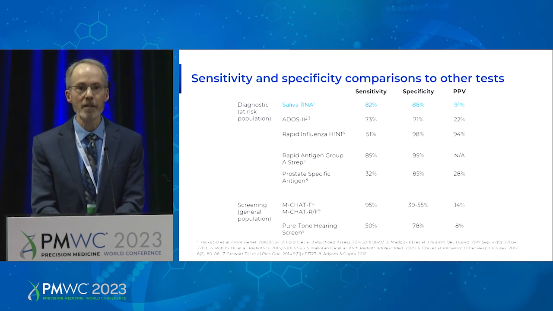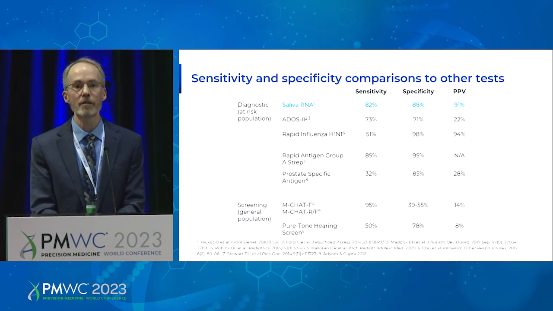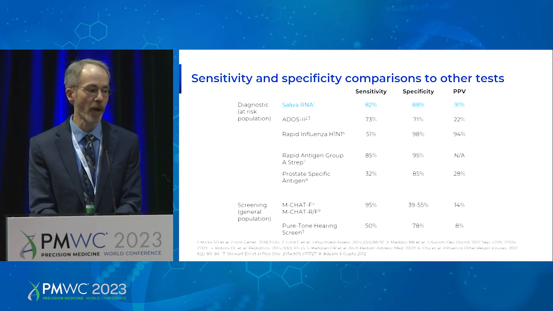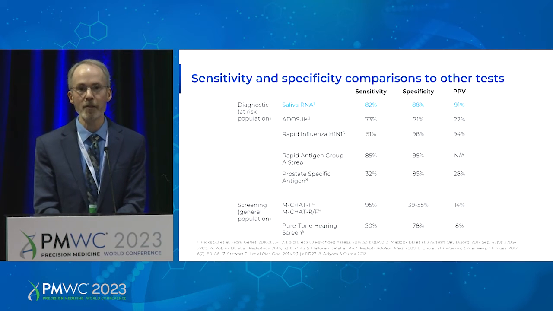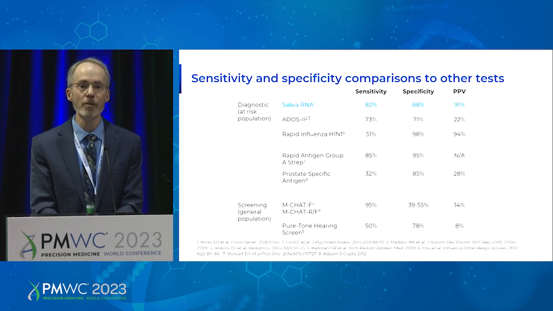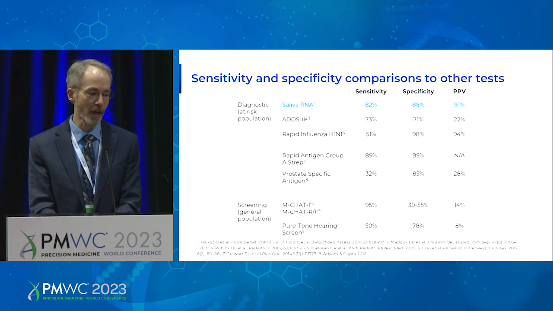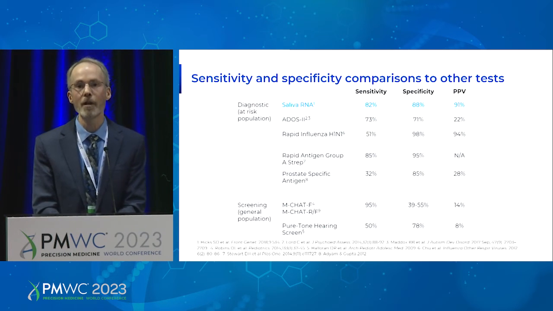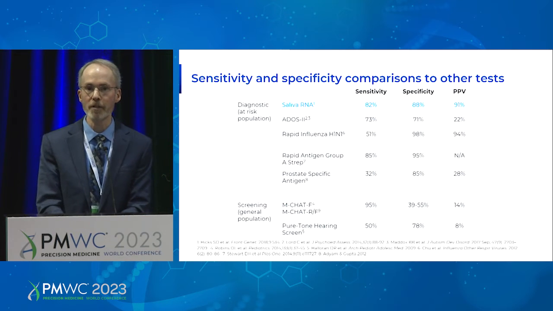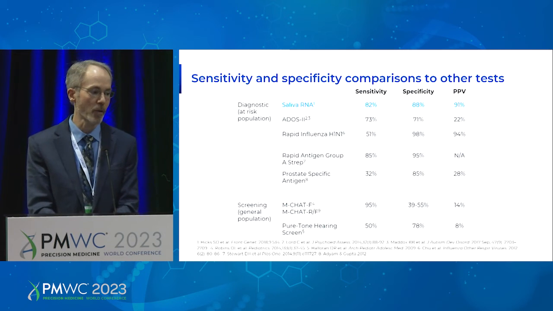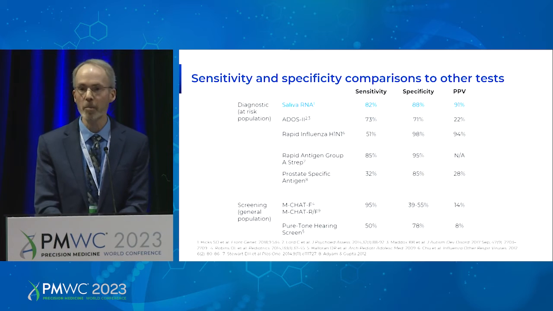The sensitivity and specificity of this, when we compare it to behavioral-based diagnostic measures for ASD, actually holds up quite well. The positive predictive value of the saliva-based NGS classifier was 91%, and that's much higher than you see with the gold standard Autism Diagnostic Observational Scale, which is listed right below it in this table, which only has a positive predictive value of 22%.